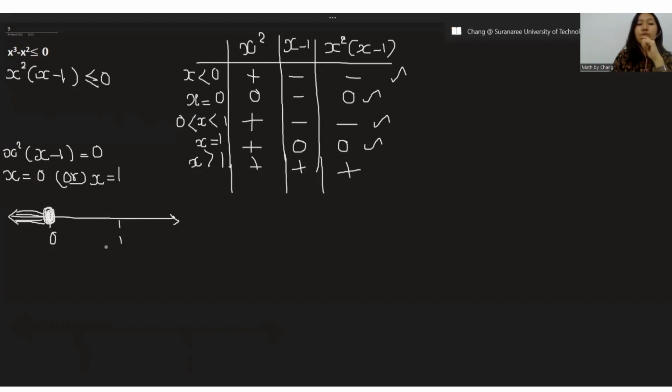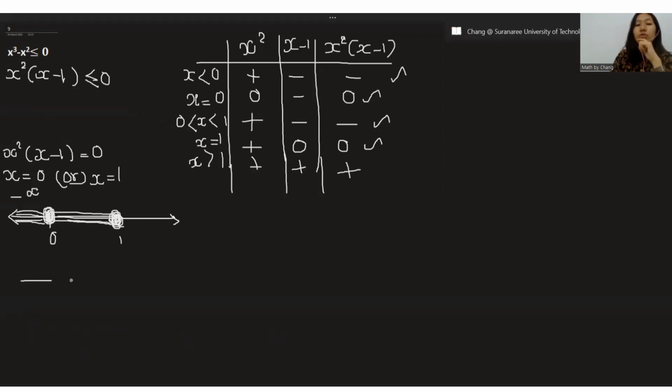When x is between 0 and 1, you will get a negative value. So you have to consider this too. So you have to shade between these. And when x equals 1, you will get 0, right? So you have to consider this too. So the number line is like minus infinity to 1, right?